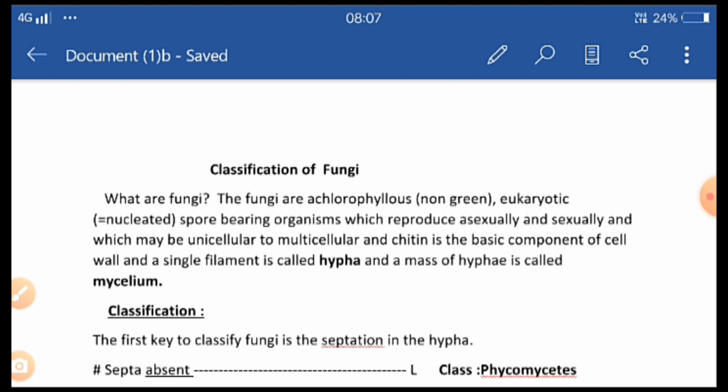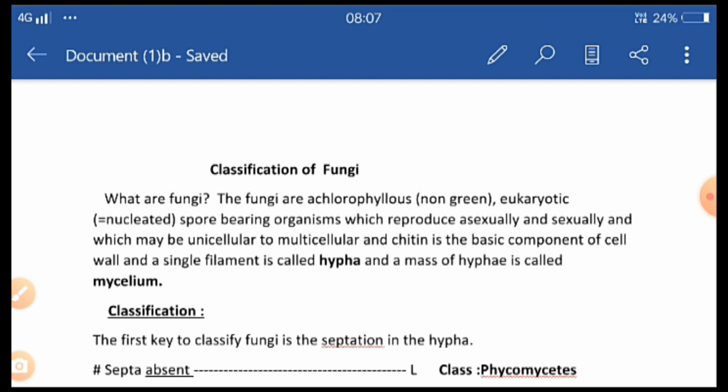If we study a single filament of a fungus, we term that single filament as hypha, and a mass of hyphae is termed as mycelium.